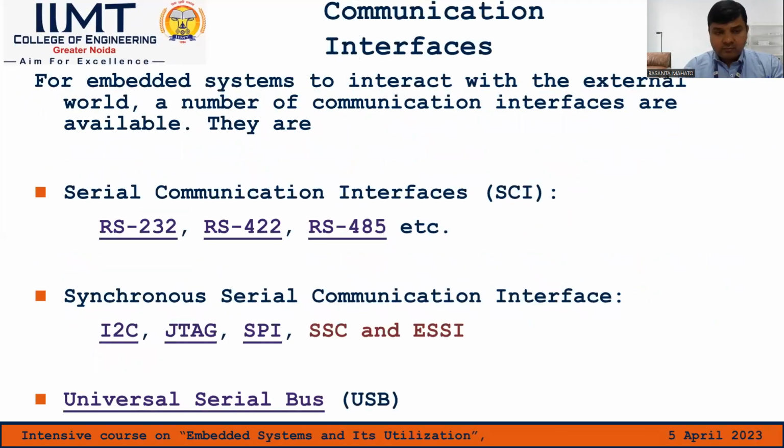So what are the communication interfaces in embedded systems? For embedded systems, interfacing means connecting to outer peripherals. One is the serial communication interface, SCI, through RS-232, RS-422, RS-485. Then the synchronous serial communication interfaces: I2C, JTAG, SPI, and another called the Universal Serial Bus.